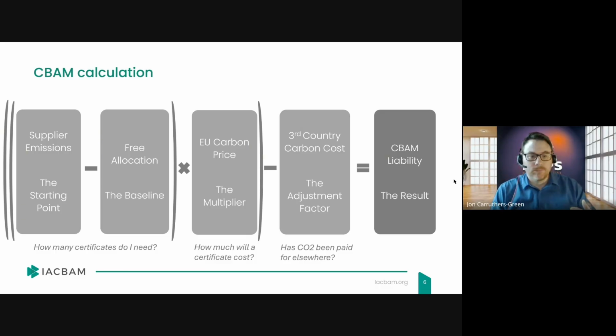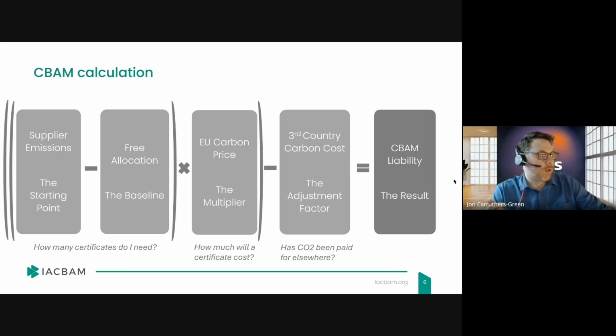I'm not a maths guy, and I've tried to break this down into a fairly simple way that most people can understand. So very briefly, the CBAM calculation, the CBAM liability, the amount you will have to pay for each ton of steel or another product brought into Europe is based on this formula.